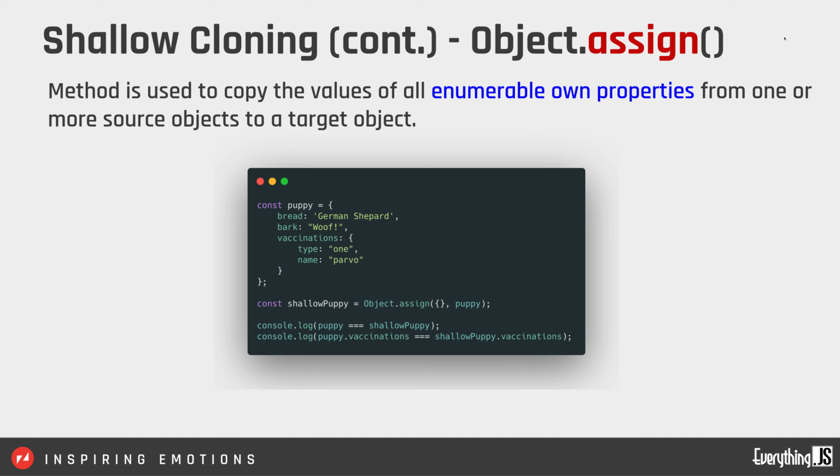And the second one, we are comparing the vaccinations property of the puppy object with shallow puppy's vaccinations. So what do you think is the answer? First one will be false. Yeah. Second one will be true.